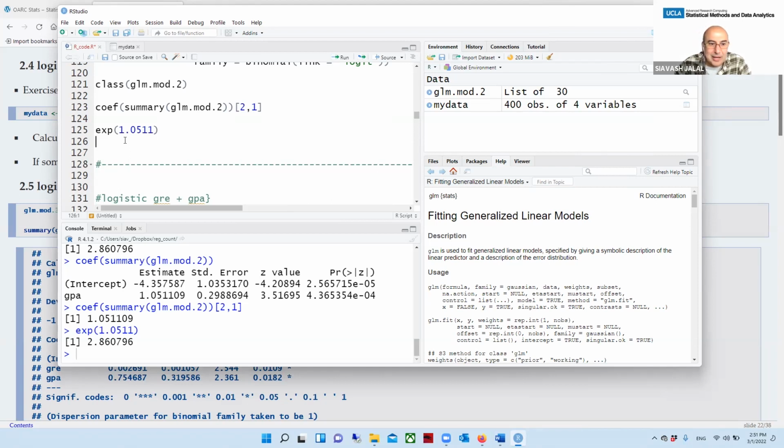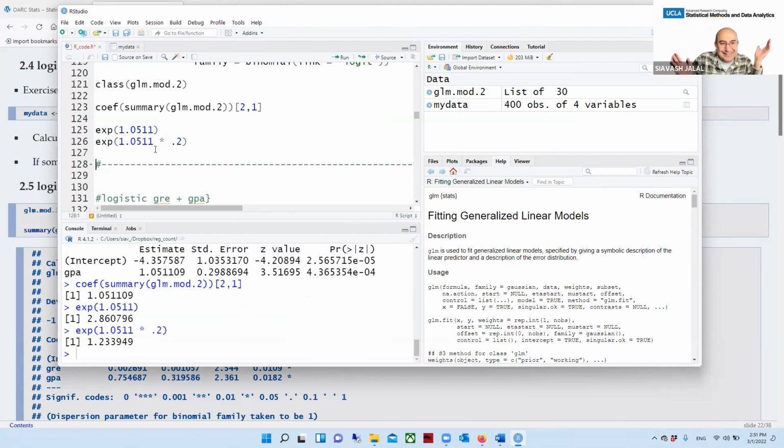Okay. Now I ask, what if the GPA increases by 0.2? Then one way is to do this: exponentiate these times 0.2, right? And then you get 23%, which makes sense, right? Now, the odds, not probability, be careful, right?